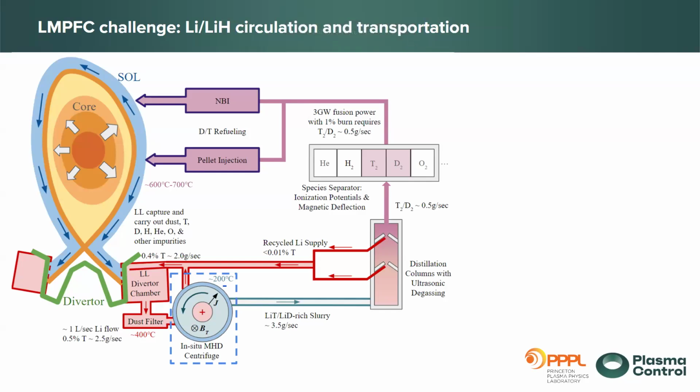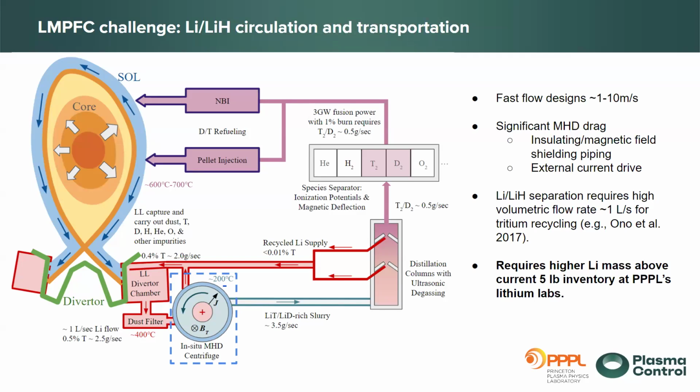If you have a divertor that has flowing liquid lithium and there's retention of deuterium and tritium, we will be able to recycle them through this loop. You can take the deuterium and tritium from the divertor regions and then use the centrifuge to separate them or concentrate some of the lithium hydrides. Eventually this goes to the distillation columns and then the species separators and goes back to the plasma through this DT refueling.